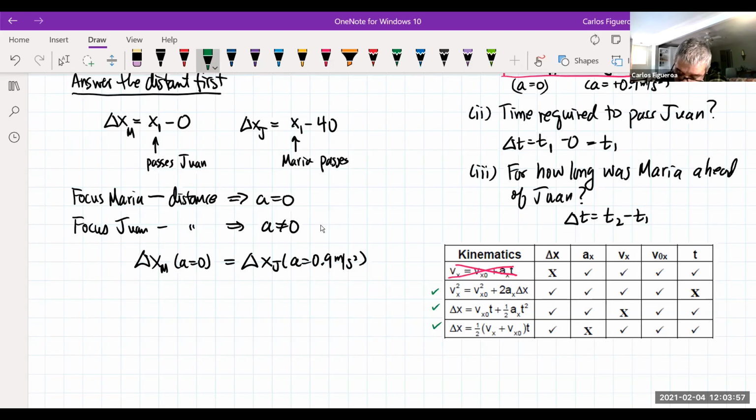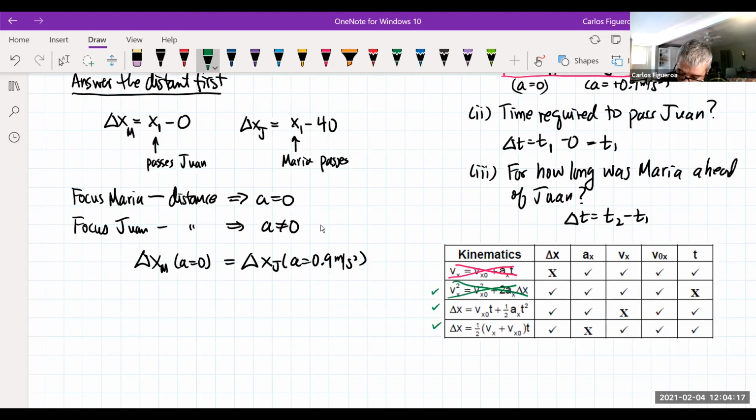But if I set the acceleration equal to 0 in the second equation, look what happens. It tells me that the final speed and the initial speed are the same. So this is no new information. I already know that they're moving at the same speed.